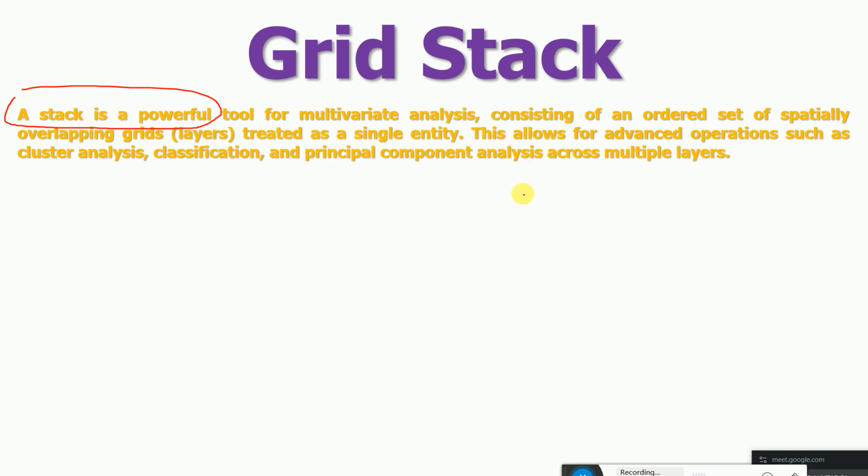What is the meaning of multivariate analysis? Suppose there is a term, multi-point statistics. This is another thing, and multivariate analysis is another thing. Multivariate means multi, more than one, and variate, more than one variable.